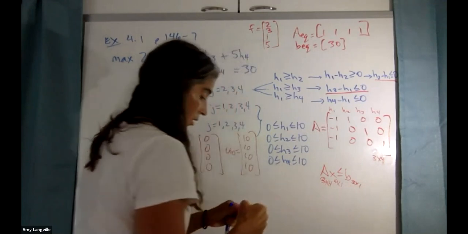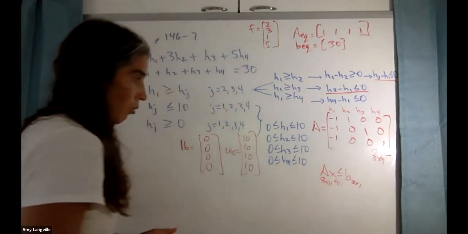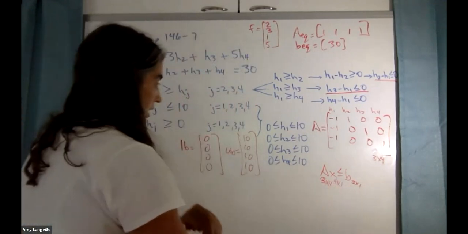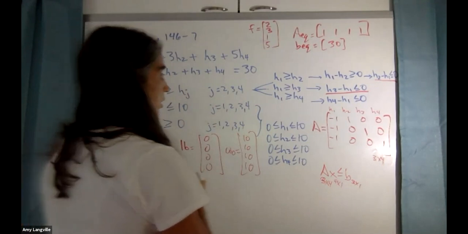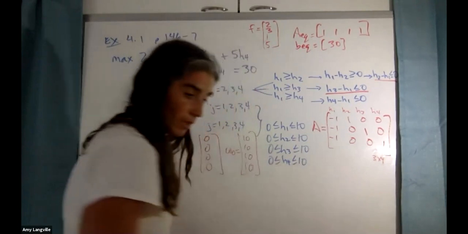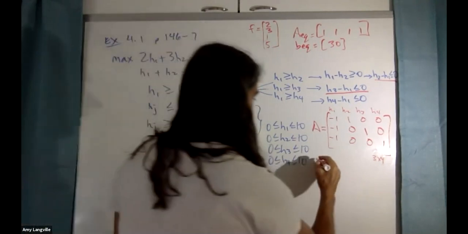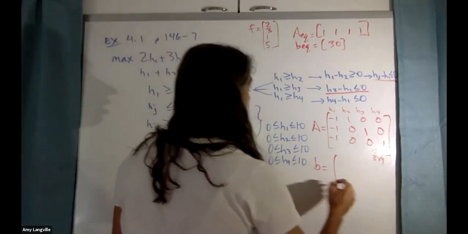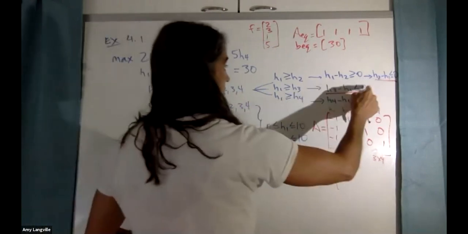So we need one more vector. We need the B vector. The right-hand sides are going to be a vector 0, 0, 0.